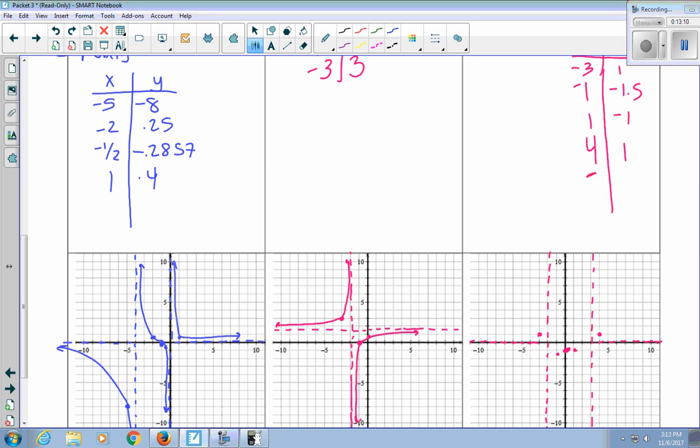I added one more point here, 2, -1.5, because my value at 0 and at 1 were the same, so I wasn't quite sure if my graph would go up or down from there. So I plotted also 2, -1.5, so that it does look like it goes down. So this looks like something like this. And then over here, we approach these asymptotes like that, and like that.